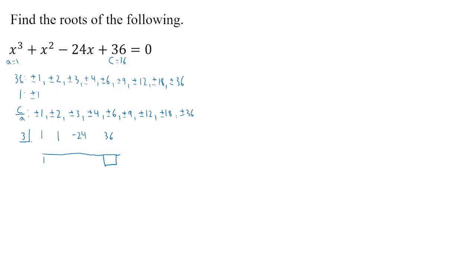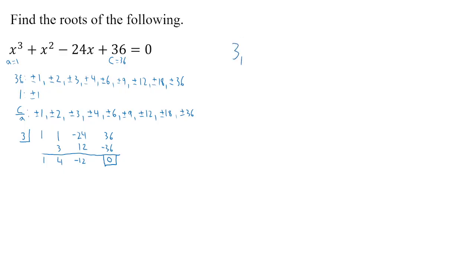Bring down your 1. 1 times 3 is 3. 1 plus 3 is 4. 3 times 4 is 12. Negative 24 plus 12 is negative 12. And 3 times negative 12 is negative 36. 36 plus negative 36 is 0. Okay. If the remainder is 0, that means 3 is an actual root.